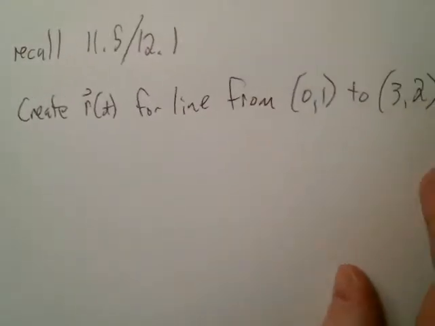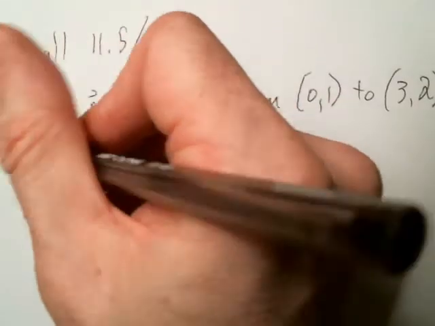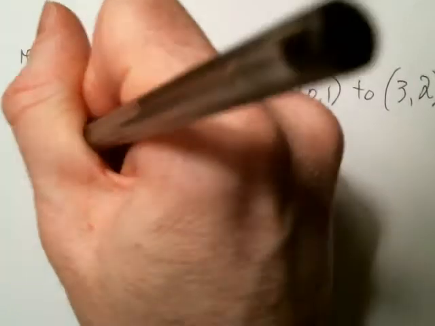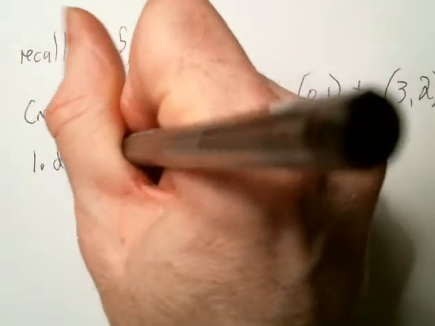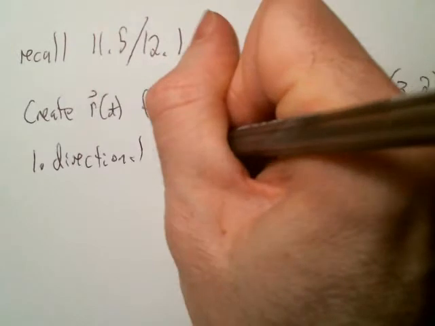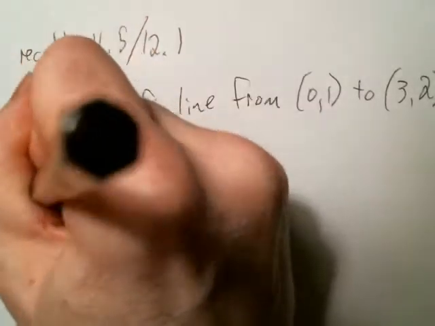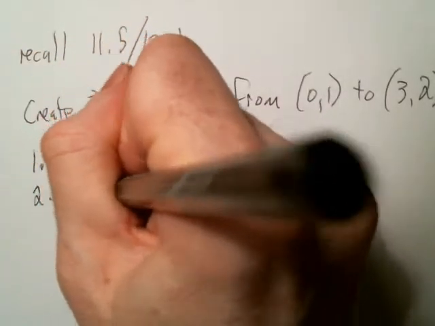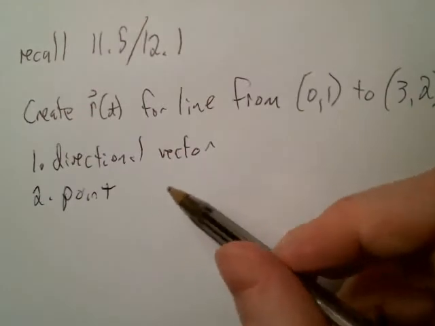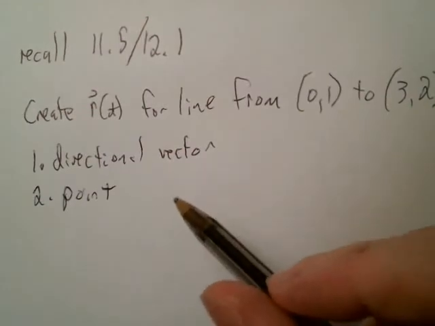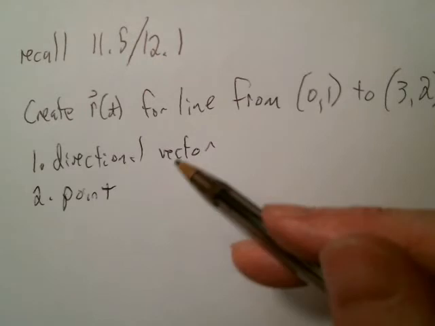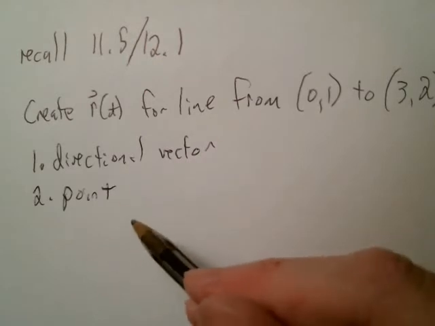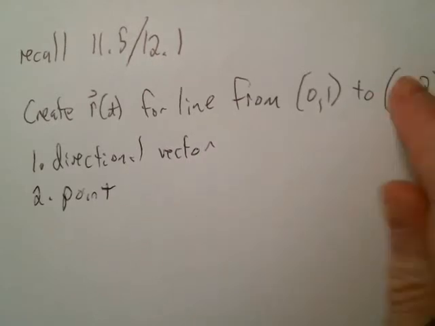In order to do that, we needed one, a directional vector, and two, a point. It's very similar to what you did in basic algebra with creating the equation of a line. You need a slope and you need a point. It's the same idea here.